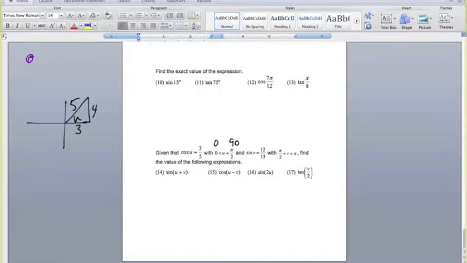Then our v triangle says it's between pi halves and pi, or 90 and 180, and that its sine, opposite over hypotenuse, is 12 over 13. You can find the missing side with the Pythagorean theorem, or you might recognize that it's just a 5. It's going to be a negative 5 though because it's to the left.